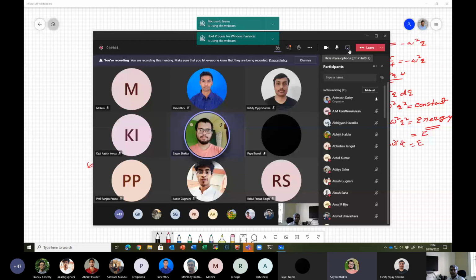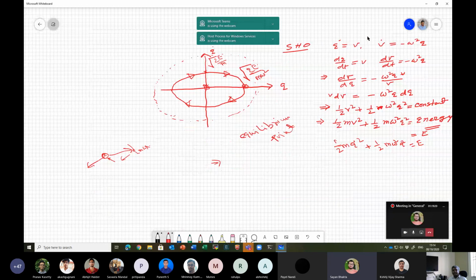Sir, can you please explain the part where the degrees of freedom went negative? Degrees of freedom. Basically, normally if I tell you that you have one particle somewhere, you can consider it a stationary particle, right?